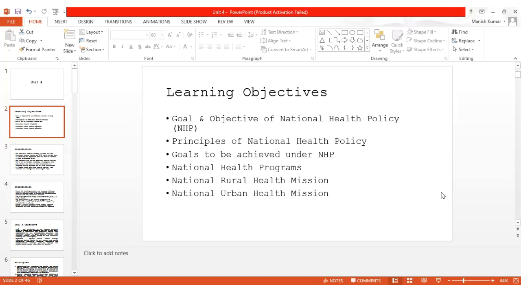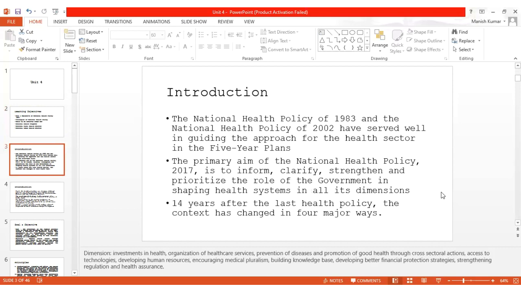The first one was published in 1983, and then second national health policy came in 2003, and the third national health policy came in the year 2017. So after every 15-16 years, Government of India, Department of Health, they come up with a national health policy.